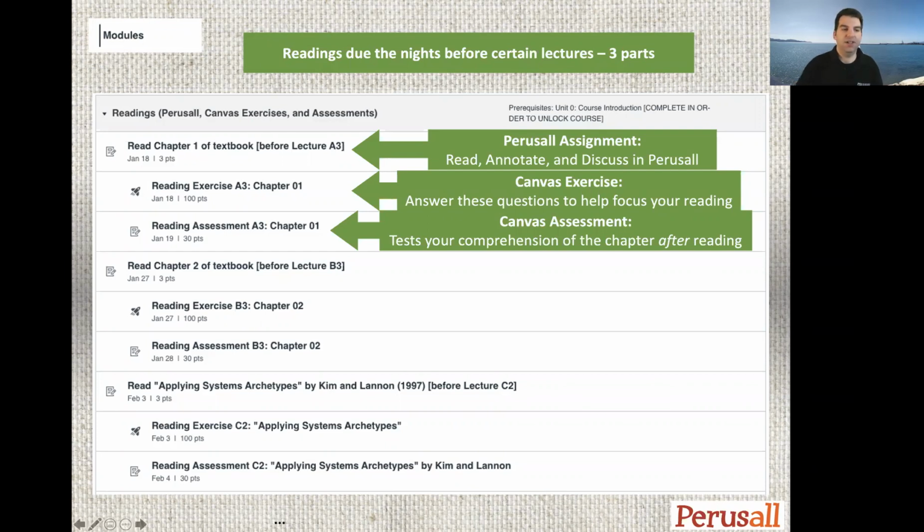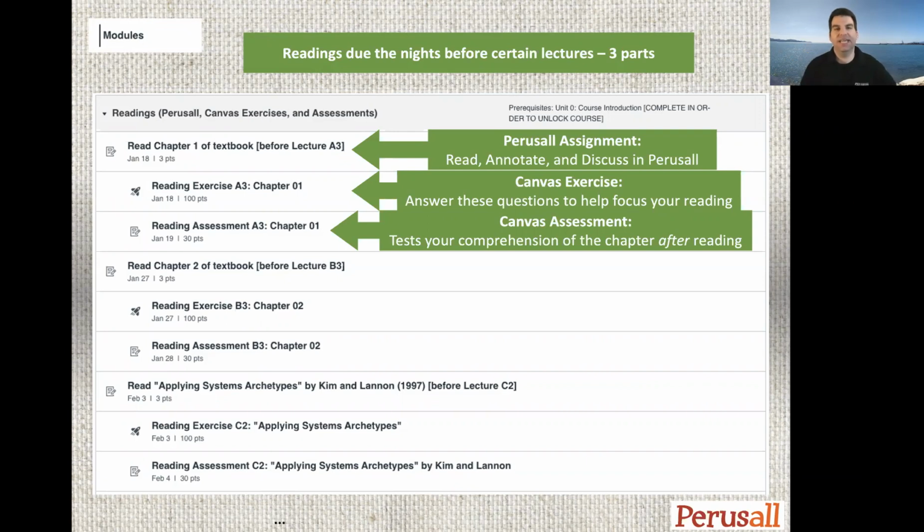But to find all of those reading exercises, again, you can go into readings. If you hit the reading chapter 1 here, then there will be a link to launch Perusal. Perusal, if you haven't used it, is a website outside of Canvas that has the readings loaded into it. I will have annotated some of your chapters, and some of the chapters may not have many annotations from me, but it allows you to read through the chapter, and it will keep track of where you're reading. It also allows you to make annotations.